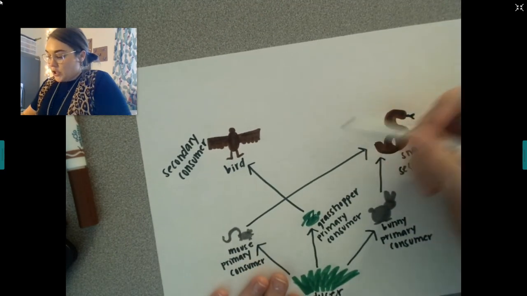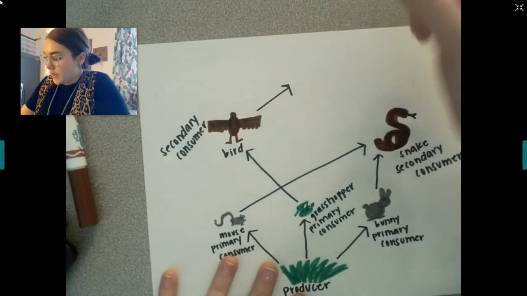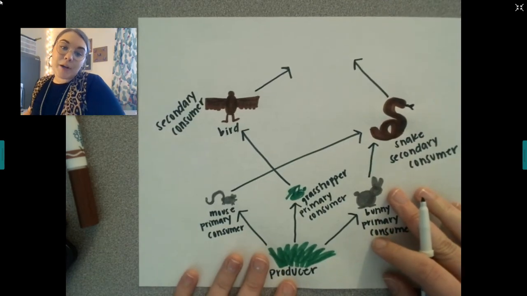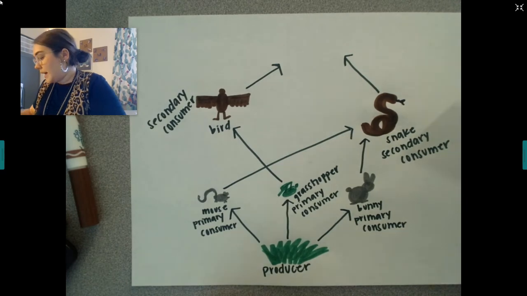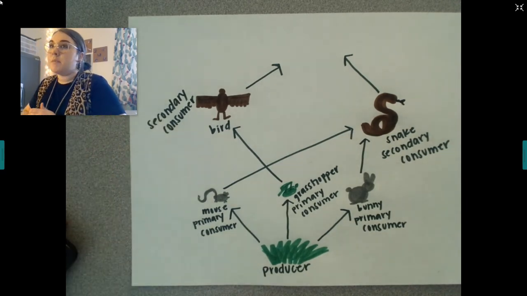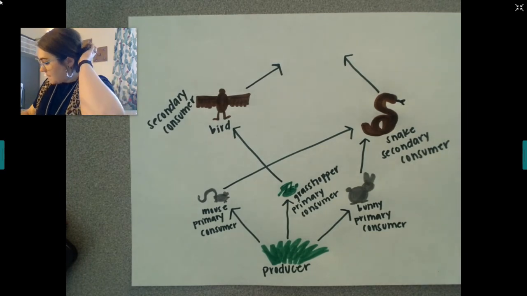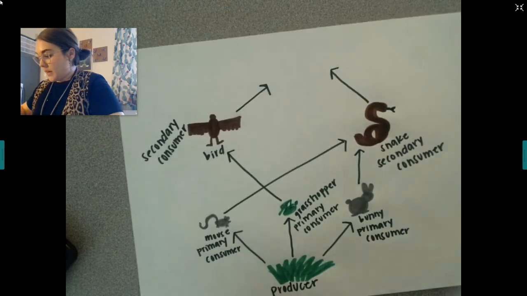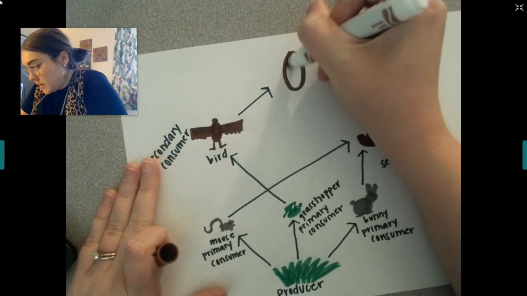So what could eat both? I want to make one come up to the top because I like it. What could eat both the bird and the snake? I am going to say it has to be something realistic. So I'm going to say a hawk. And I'm going to make a big old hawk. A mean hawk.